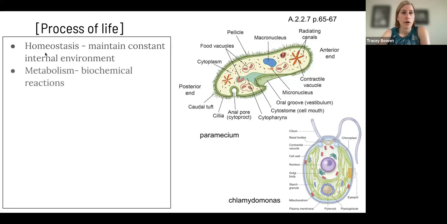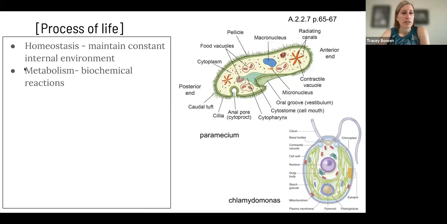They're going to maintain homeostasis, so they're maintaining constant internal environments. In the case of the paramecium, it might do that using this contractile vacuole. It's going to squeeze out water when there's too much water inside the paramecium, and it can also squeeze out water through the contractile vacuole to make it shoot forward.